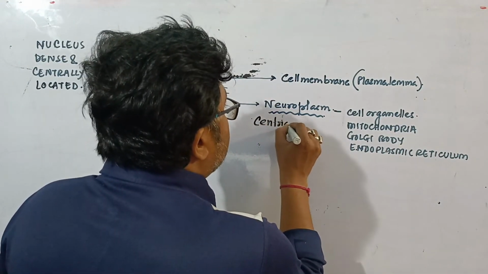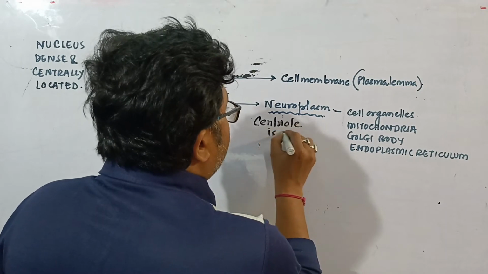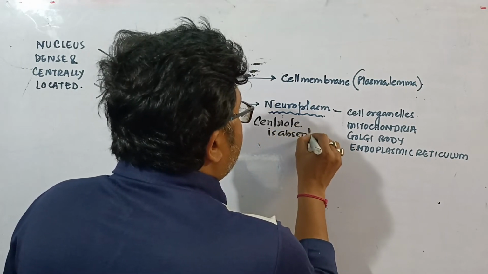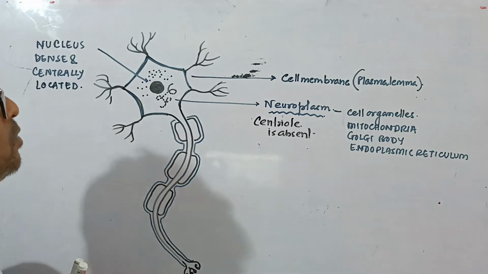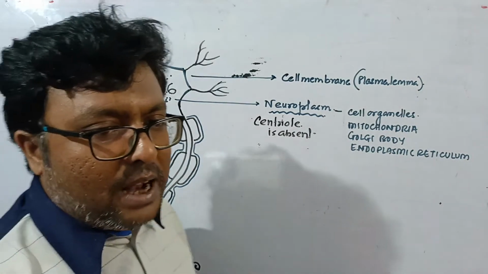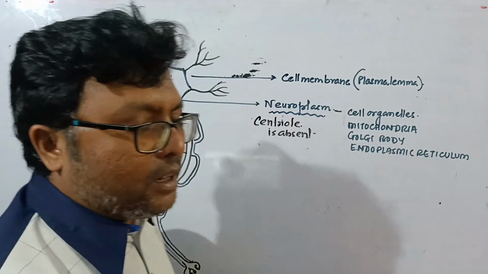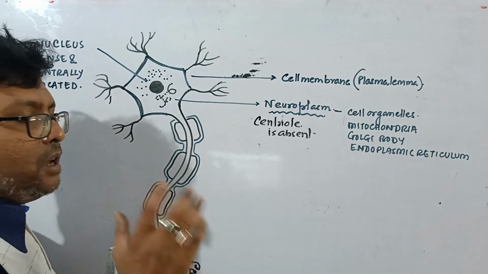Centriole is generally absent, and that is the reason we can say that a neuron can never divide, due to absence of centriole.